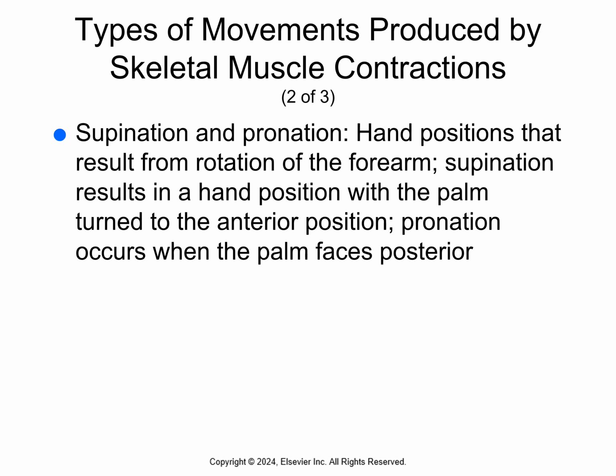And pronation, where you turn palms face down, or your palms face posterior. Those are the movements called pronation and supination. Think about that: supination anatomical, but pronation, you ever been prone to something, being in a prone position where you're laying on your stomach? Well, your palms, when they're turned in, that's a pronating movement.